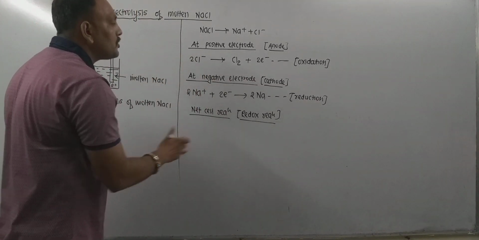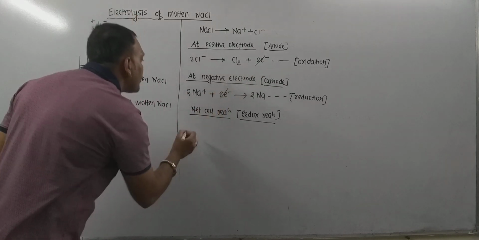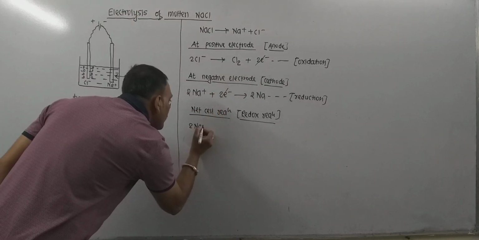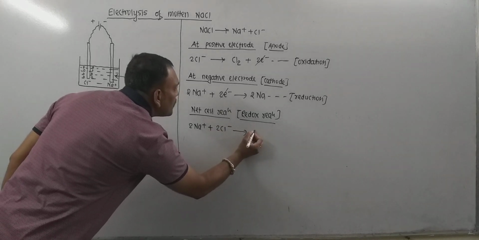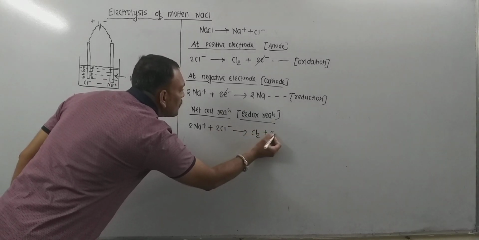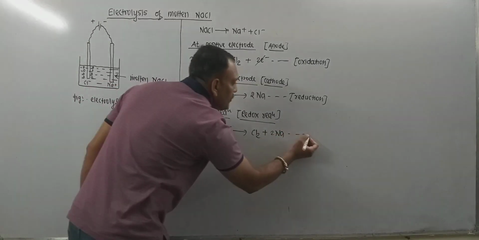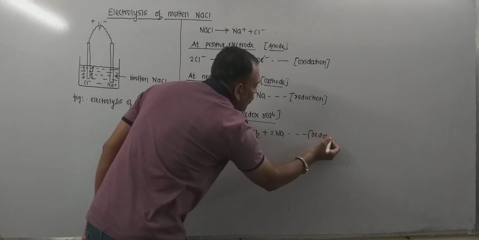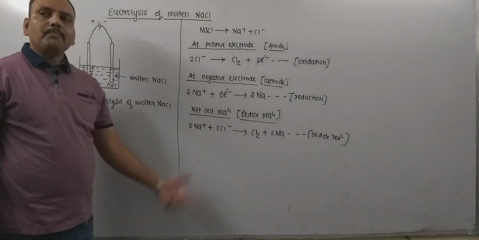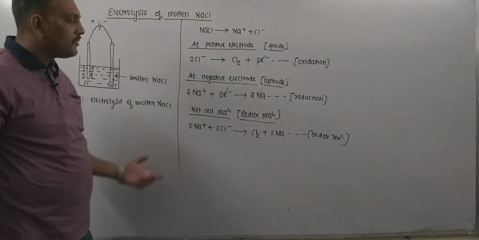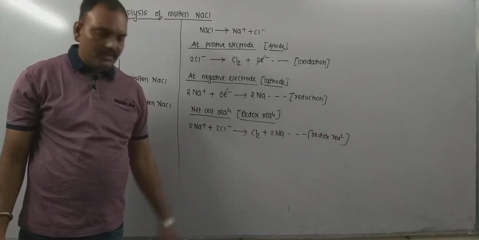By adding these two, what do we get? Electrons get cancelled. So 2Na+ plus 2Cl- gives Cl2 plus 2Na. And remember, this is a redox reaction. After completion of electrolysis, this is our net result.